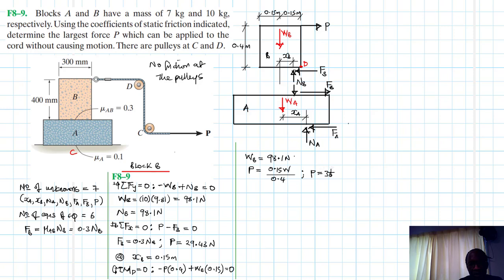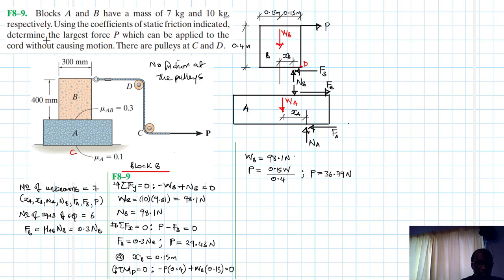This is 36.79. Okay, this is 0.15 by 98.1, divided by 0.4, 36.779. So this is another value of P.